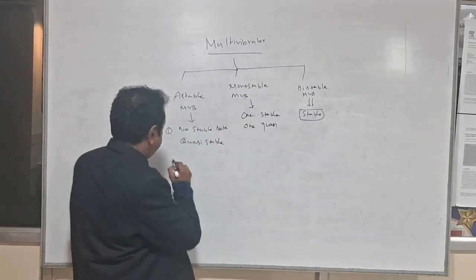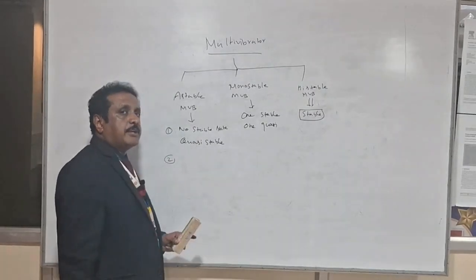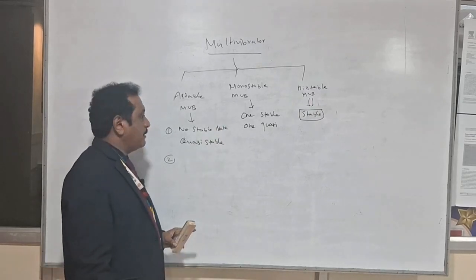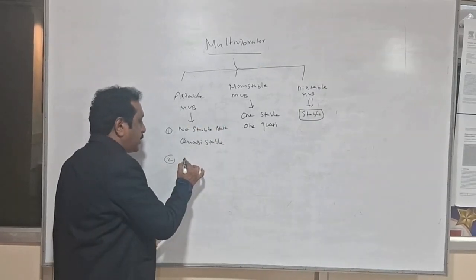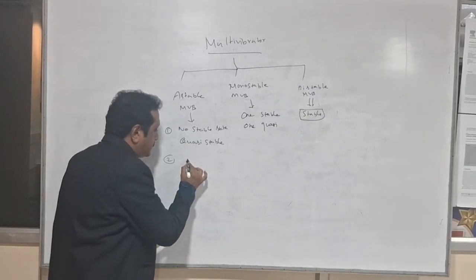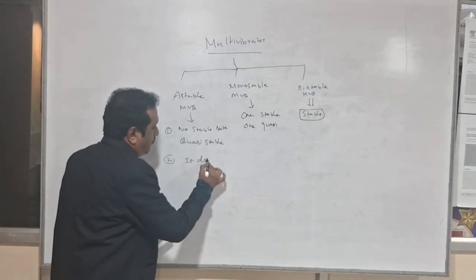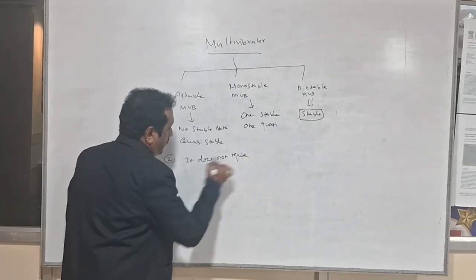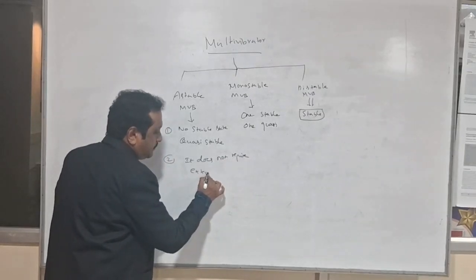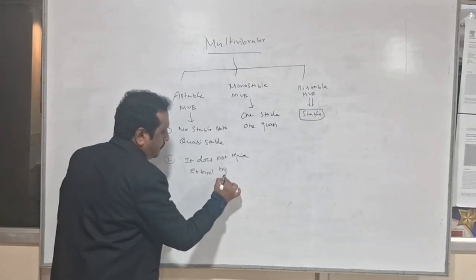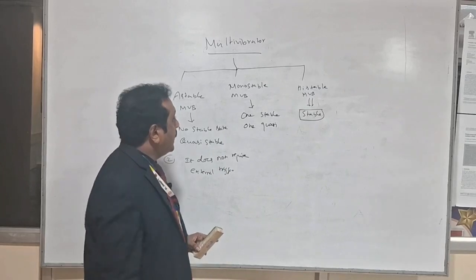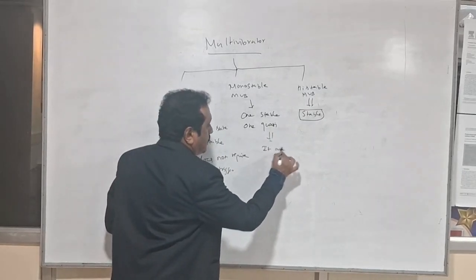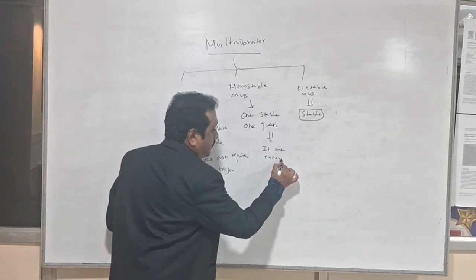The second one is whether it requires an external trigger pulse or not. The astable multivibrator does not require any external trigger pulse. The monostable requires one external trigger pulse.